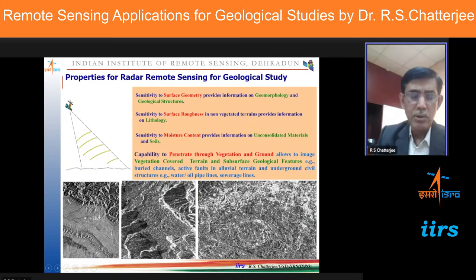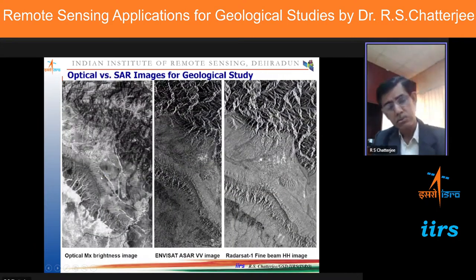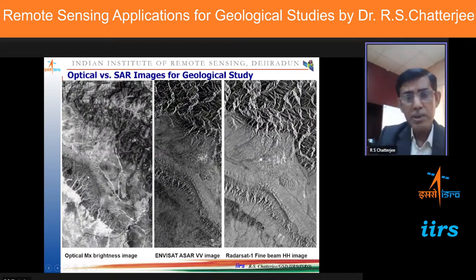See the comparison with the optical image, brightness image, so the color image converted to brightness only. And the same area you can see in the radar image, like it is in this C-band, and this is a finer resolution RADARSAT image. Now see, here the tone is very uniform, but here there is some noise, random, this salt and pepper effect, isn't it?